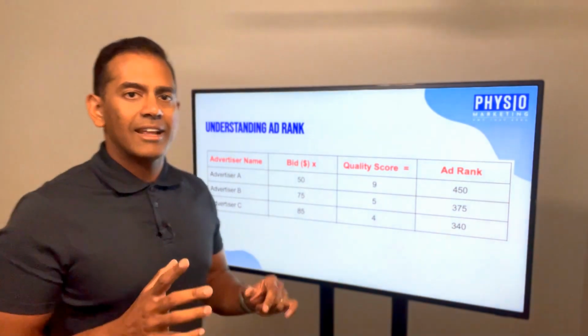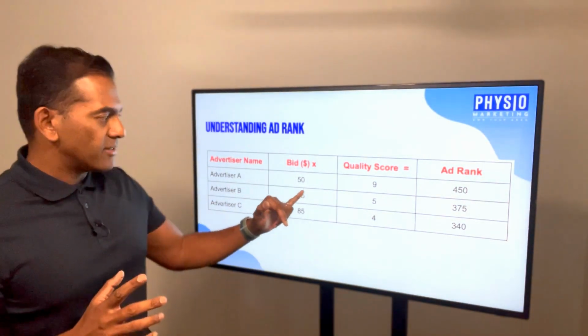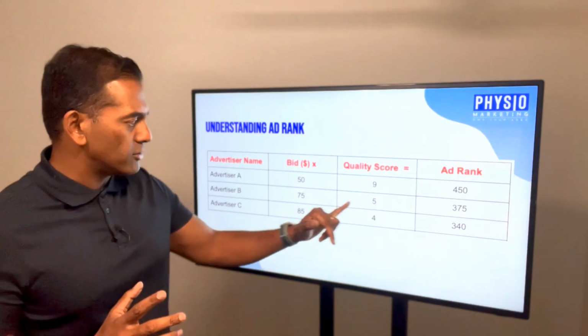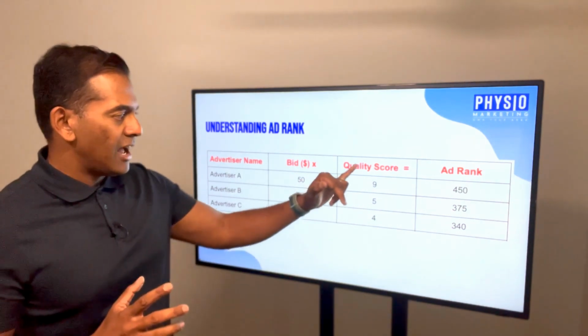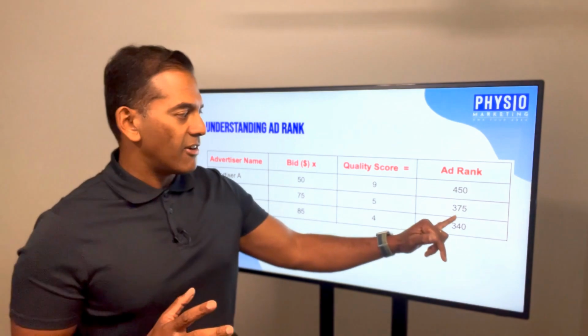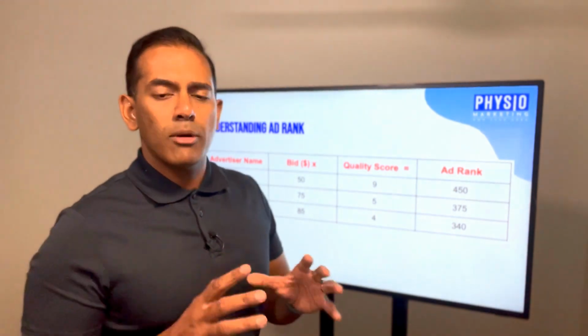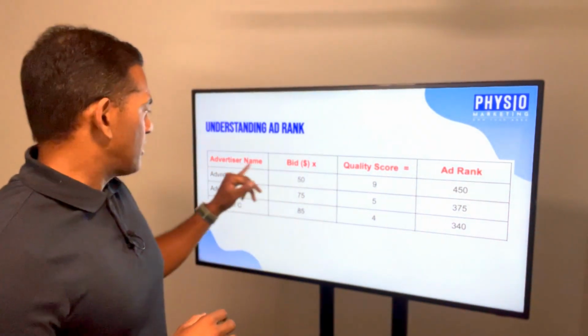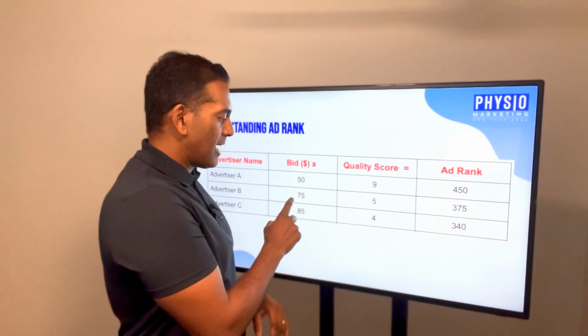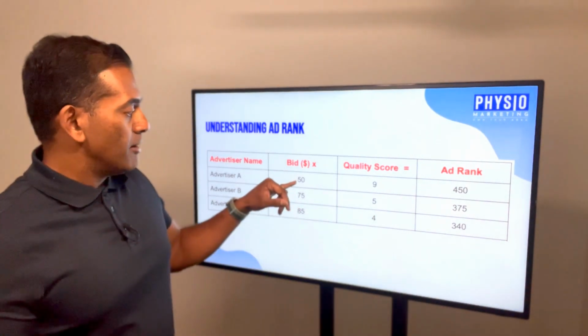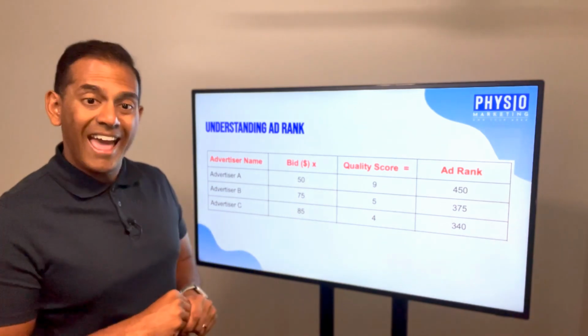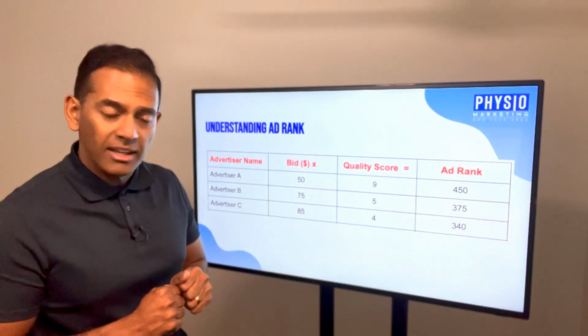You can see in the second example, it's 75 times a quality score of 5. So the bid is $75 and a quality score of 5. The ad rank becomes 375, right? And just from those 2 examples, you can see advertiser B is bidding $75, which is much more than advertiser A, who's bidding 50, right?